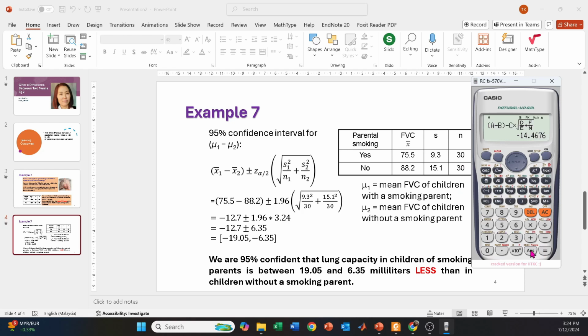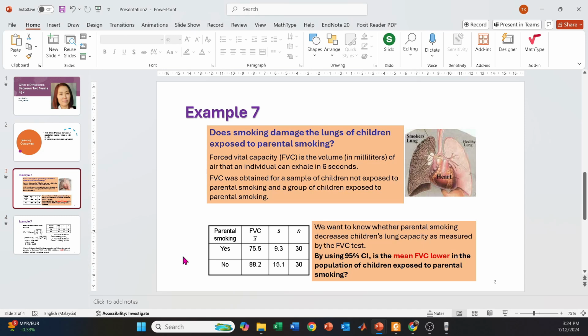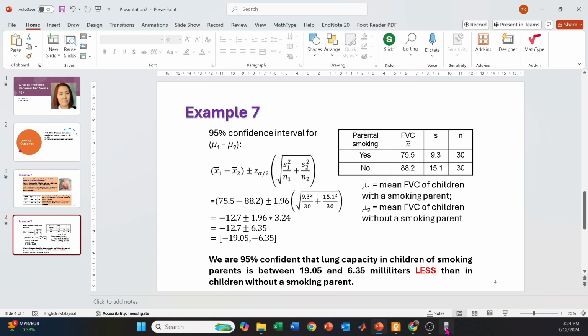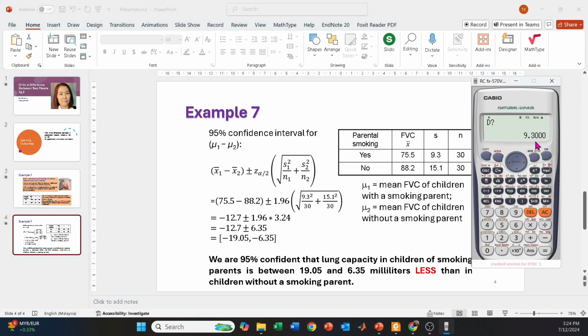Let's see. Hold on, check back the formula. Calculate. A 75.5, B 88.2, C 1.96. Sorry, since given this is S, the standard deviation, and the formula that I put up is a variance, my D should be 9.3 squared.